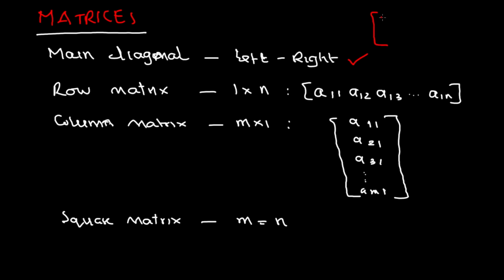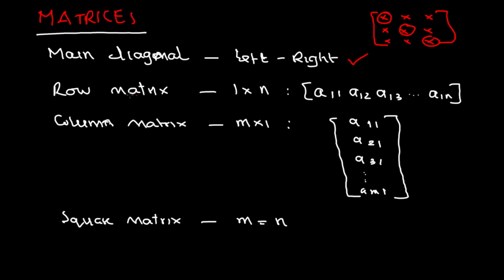So for example, you may have elements like that. If you've got that and that, this forms the main diagonal, and this is quite important. You'll see in later videos.